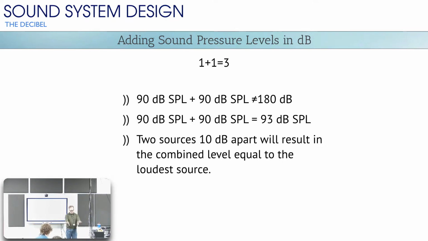And when you sum those two pressure levels, that 90 dB SPL represents an actual pressure level. So you've got two things exerting the same amount of pressure. What happens when you combine two pressure levels? How many dB difference do you get? That's not what I taught you. What did I teach you happens when you combine two forces? Pressure is a force. Double the force, how many dB?